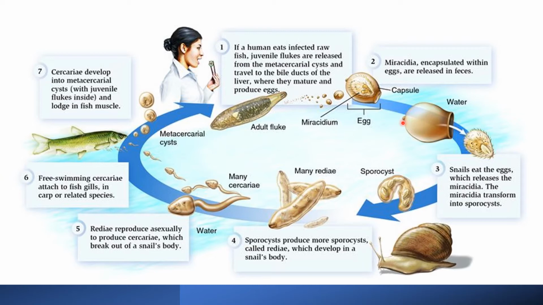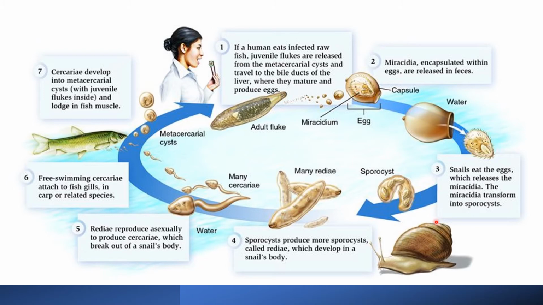Upon ingestion of these eggs by the snail host, that's the time they hatch inside the intermediate host. And that is for your Clonorchis, Opisthorchis, and Metagonimus.